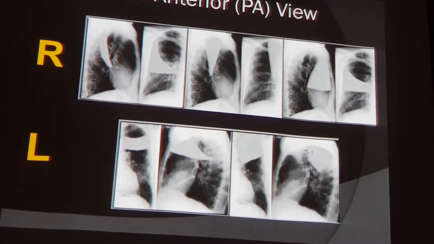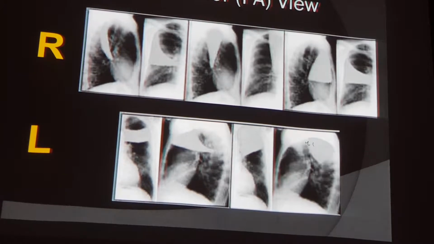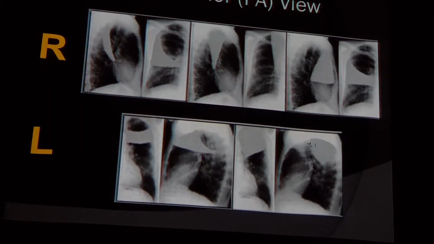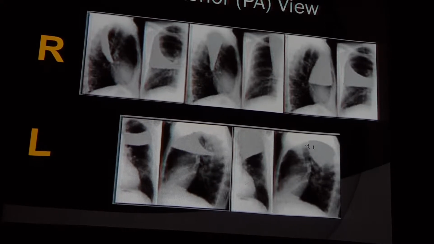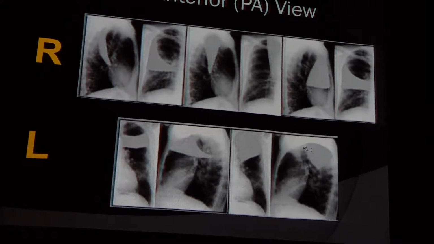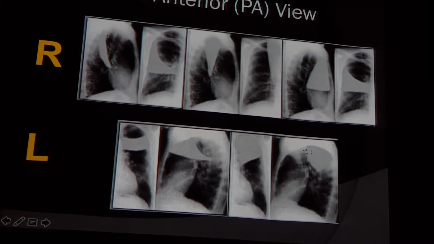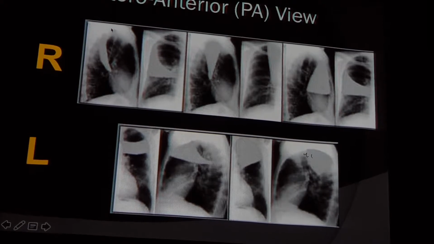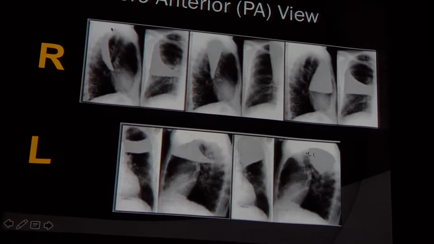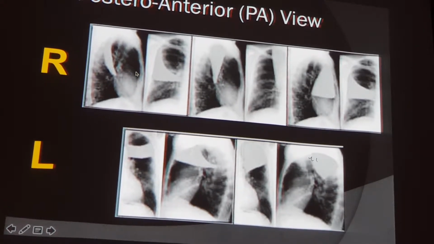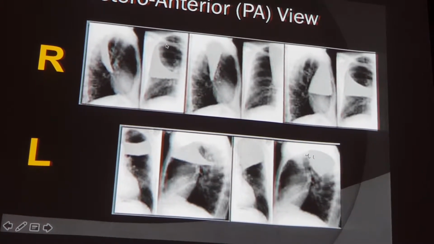Pathologies in each lobe will have different manifestations on your chest X-ray. For example, this is the involvement of the posterior segment, lateral view and AP view. If you have a lesion or consolidation in the posterior segment of the upper lobe, this is how it's going to look on the AP view.